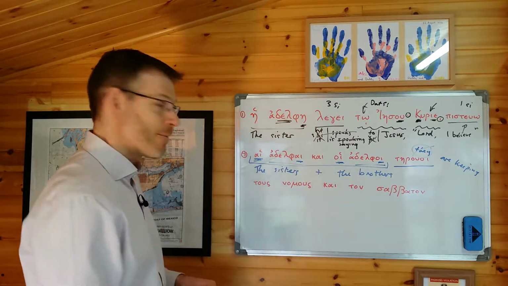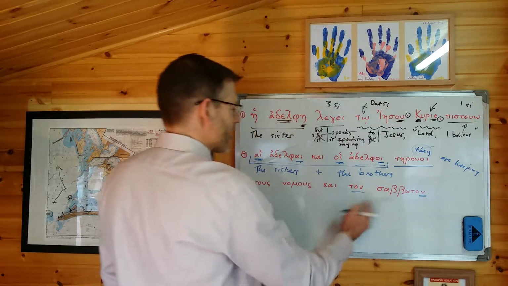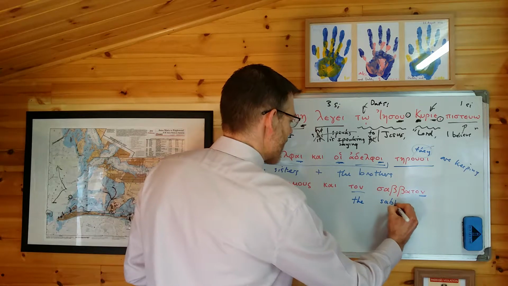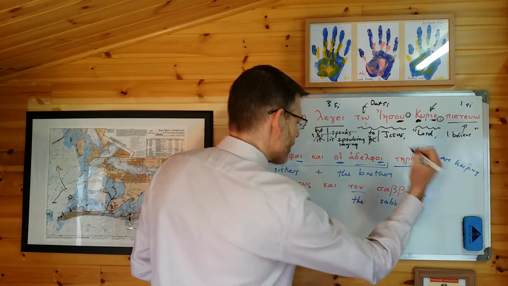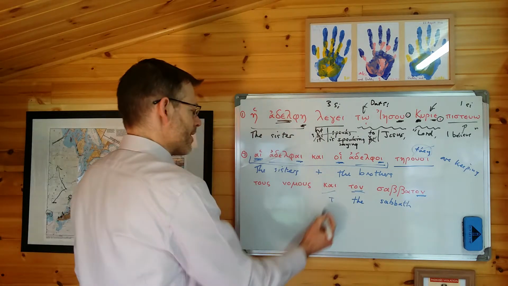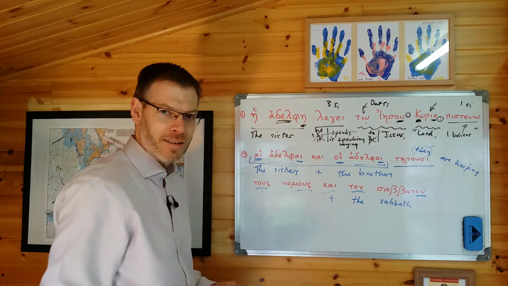Nouns in the accusative. Can we find any of those? And yes, we can. You probably spotted this straight away. Ton sabaton. The Sabbath. Accusative singular. That means and. Again, very simple. Did you spot this as well?